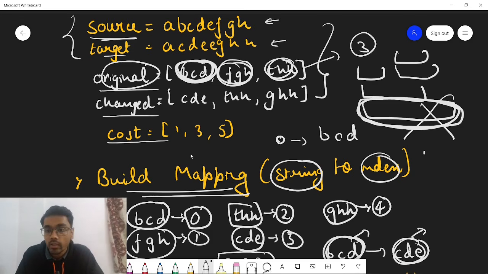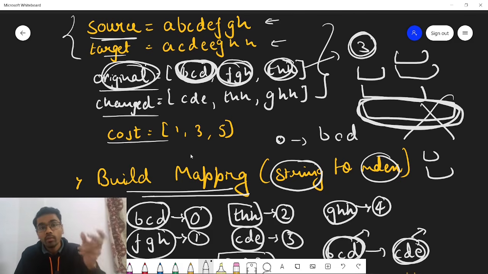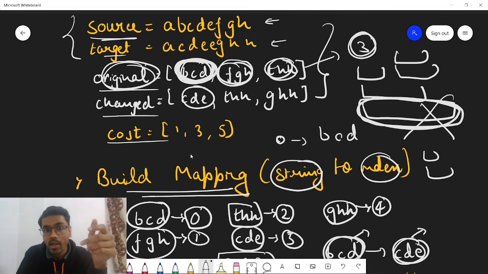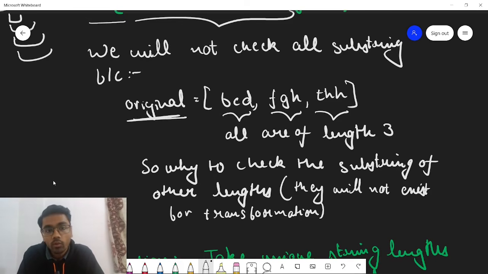So instead of checking each and every substring length, we will check unique substring lengths that are present in the original array, because in the end we need to convert the original string to this changed string. So whatever string we are choosing, that should be matched with the original string. So you can see here also the original has length of 3 only.